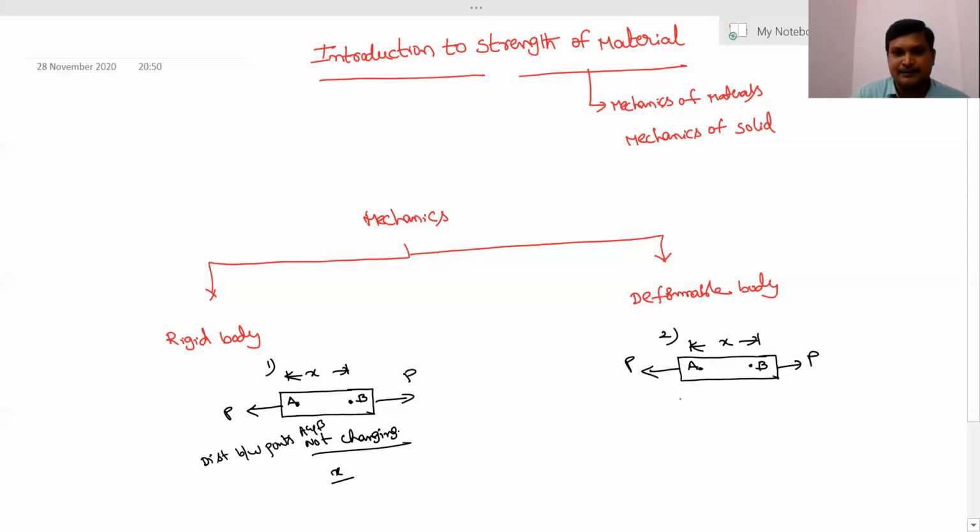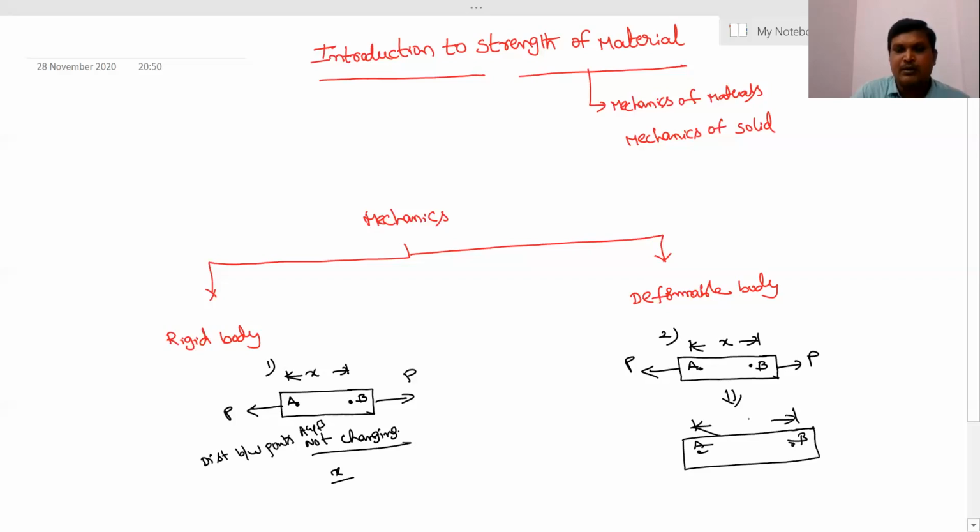Coming to this case, I am applying the tensile load on these ends. Initially the distance between points A and B is X. After applying the load, the distance between A and B changes.